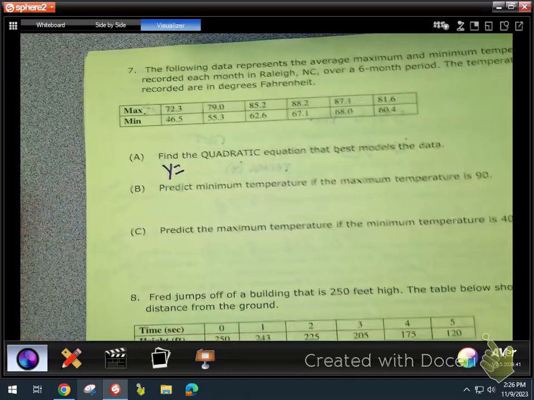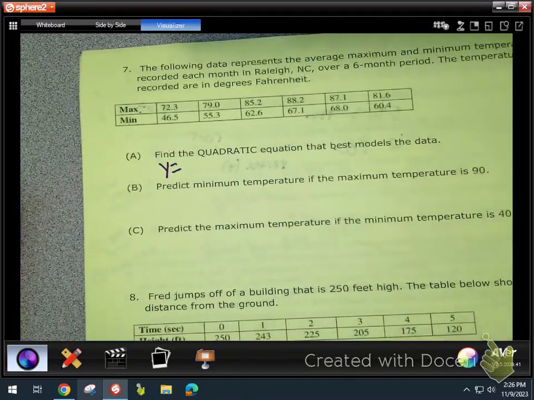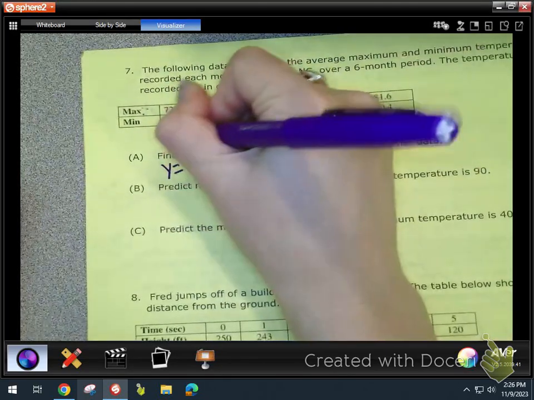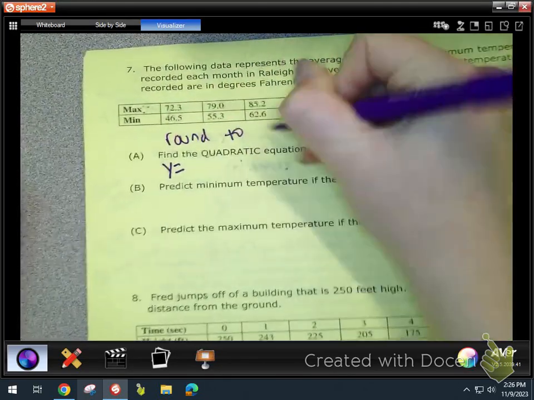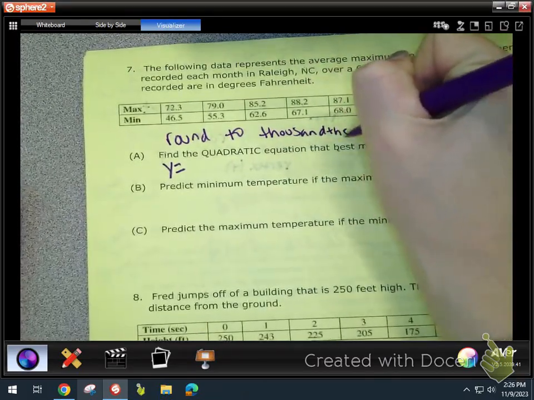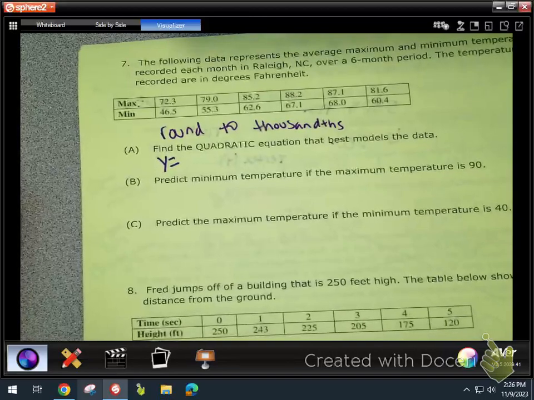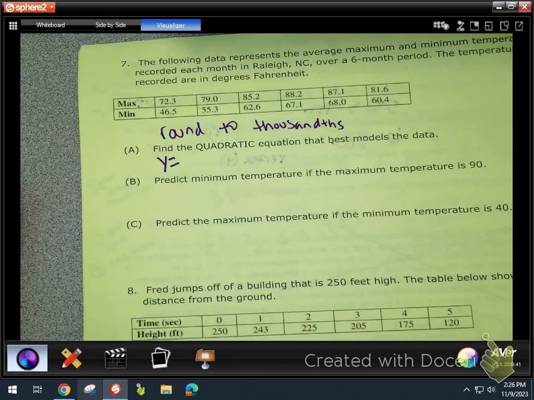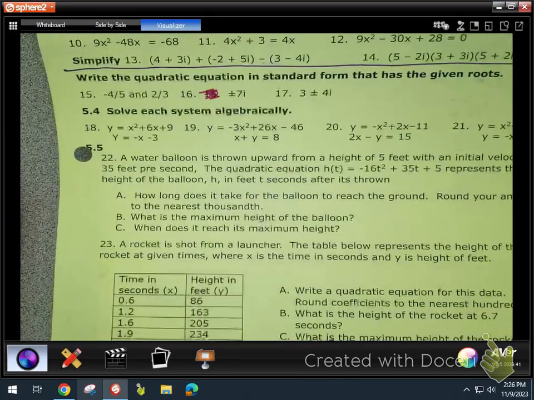On 7 and 8, I want you to round to the thousandths. How many decimals is that? 3. Okay? So round to the thousandths for these. And then after this, your homework practice is only 22 and 23.